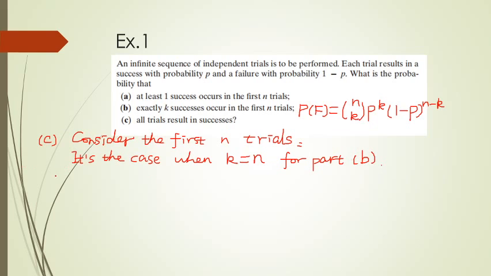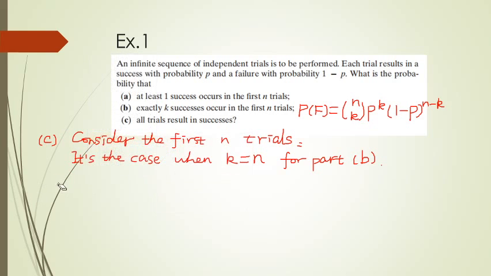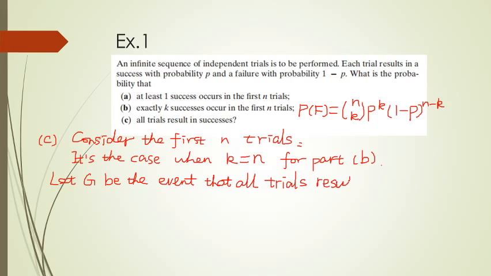Now let's write it. You can let another event, to keep it in a standard way. Let G be the event that all trials result in success.